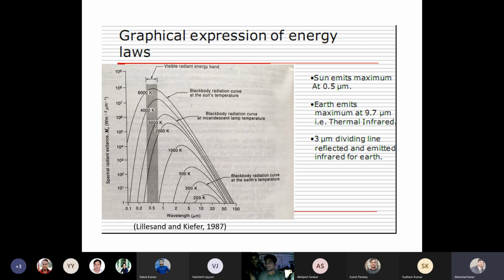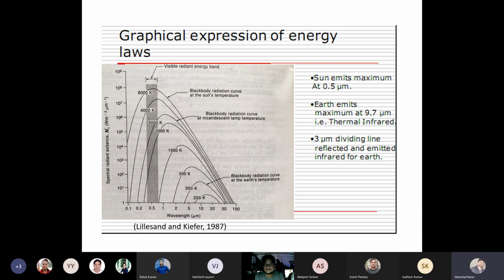This is also one of the benefits: below 3 micrometer, all the energy which we see is the reflected energy component. So there is no mixing of radiated plus reflected. Below 3 micrometer, we sense a pure reflected energy signal.